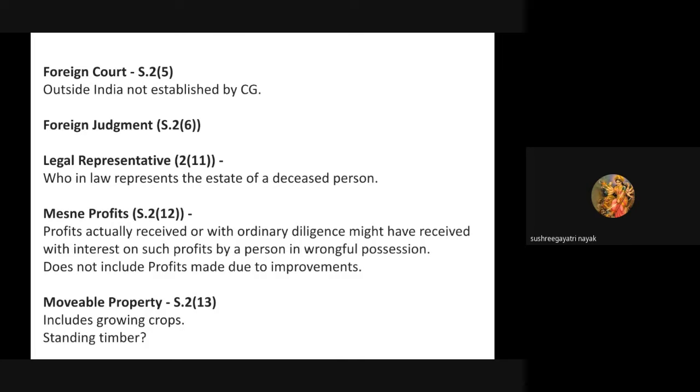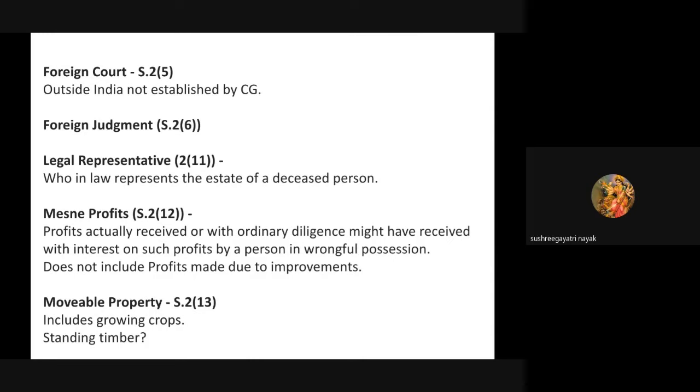There is this definition of India, which is a very peculiar definition. It says that India means India and does not include Jammu and Kashmir. Now coming to mesne profits, that is section 2(12), that is profits which are actually received. So mesne profit is nothing but a profit received in the meantime.